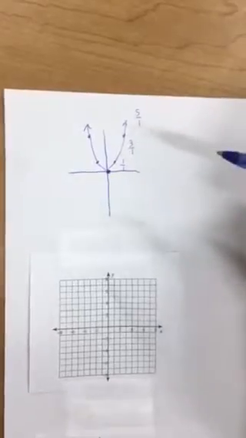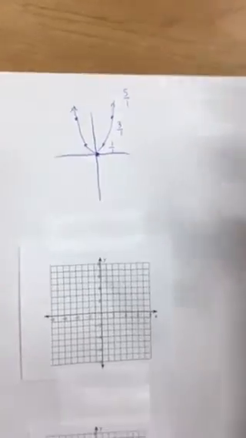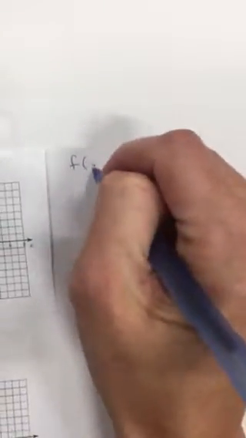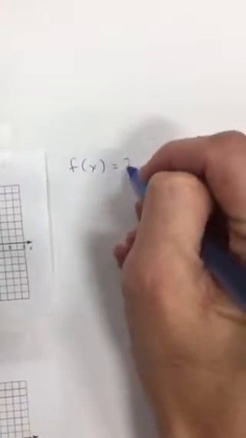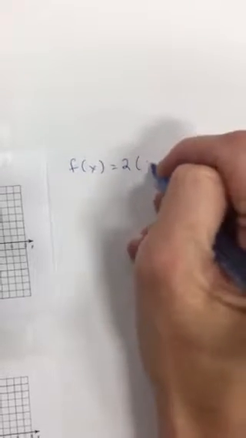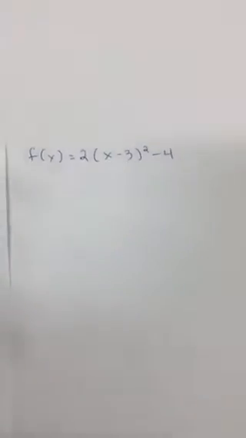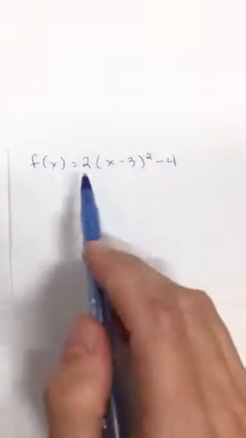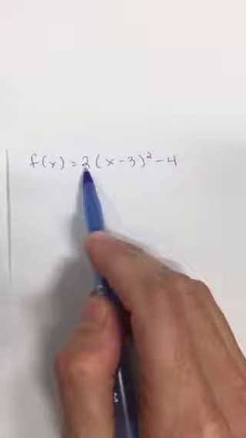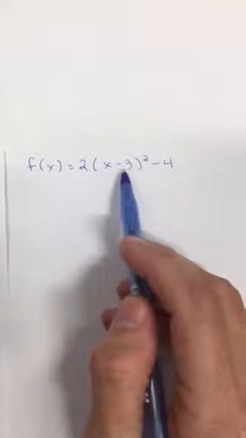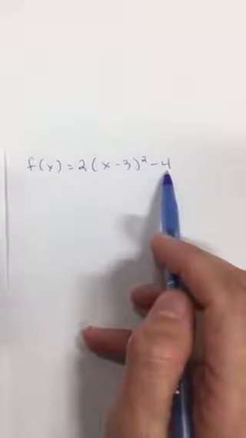Okay, so now how does that apply to your dilations and transformations? So let's look at an example, maybe a function that's f of x equals, we'll put a 2 in front of x minus 3 squared, maybe minus 4. Okay, so quite a few things going on here. It has been dilated by a factor of 2, and the vertex has been shifted to the right 3 and then down 4.